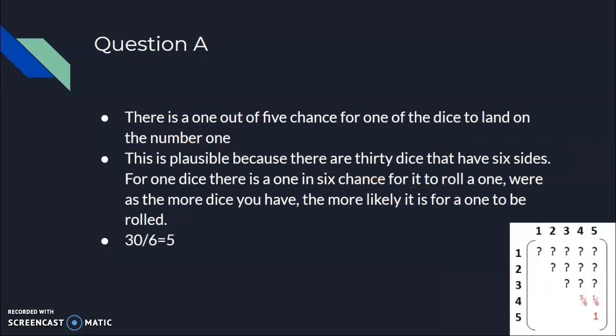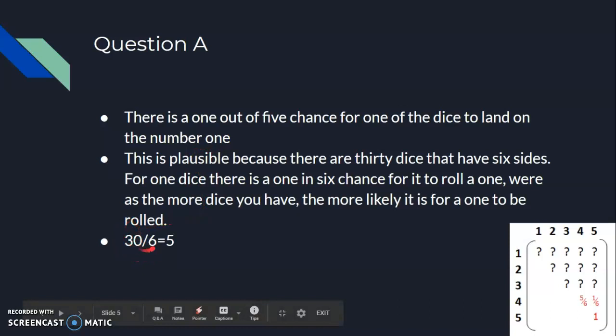There's mainly a 1 out of 5 chance for one of the dice to land on number 1, because there's 30 dice and each dice has 6 sides, so if you divide that by 5, as a fraction, there's 5 groups, so it's a 1 in 5 chance to roll a 1 for the first roll.